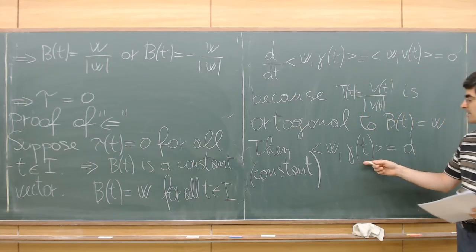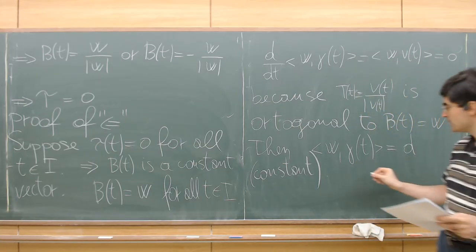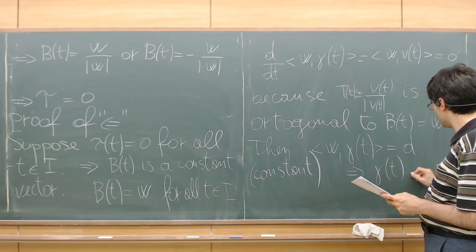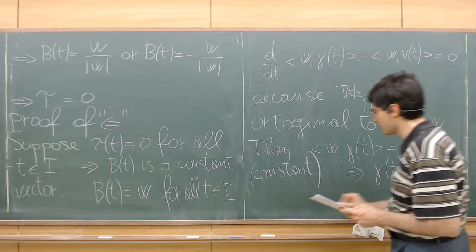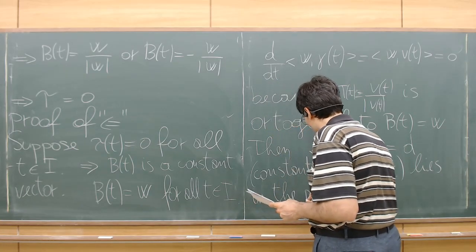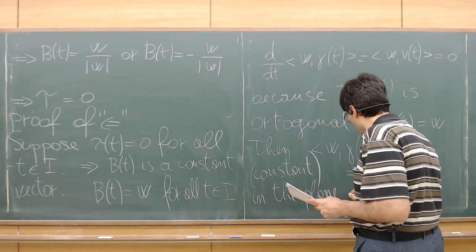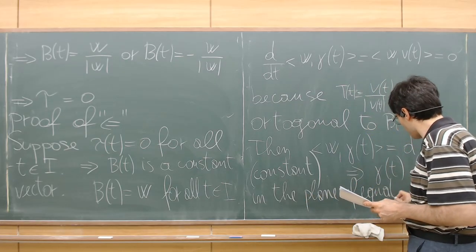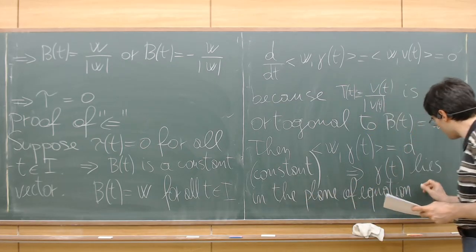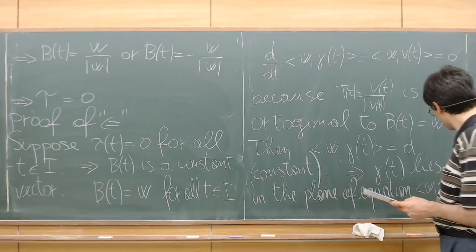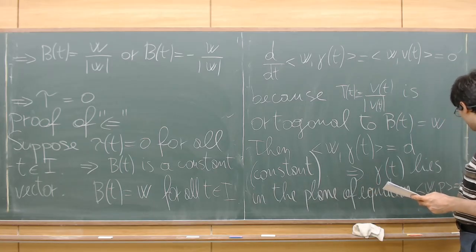But this is the equation of a plane, which implies gamma(t) lies in the plane of equation w · p equal d. And this is the end of the proof.